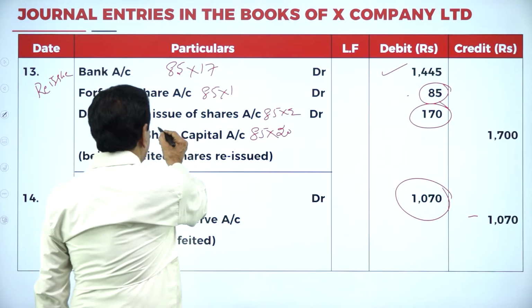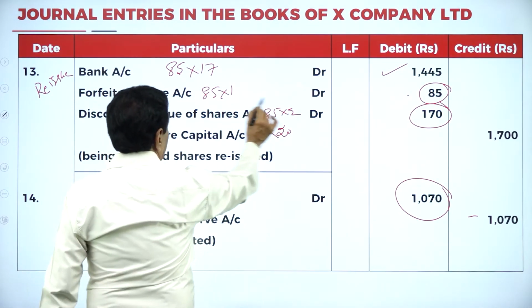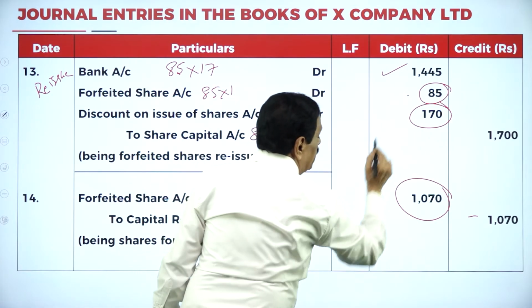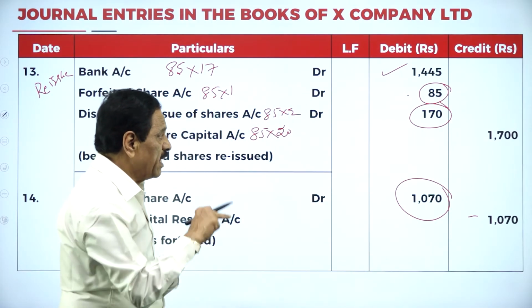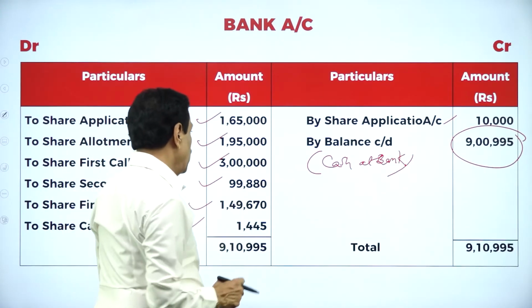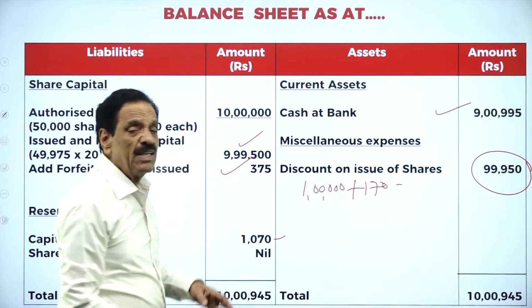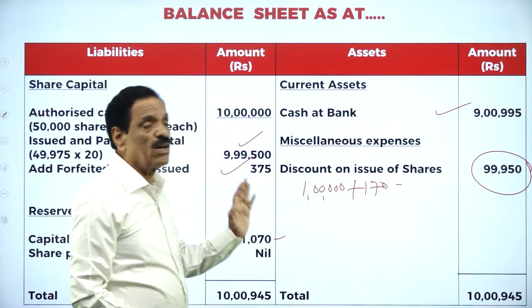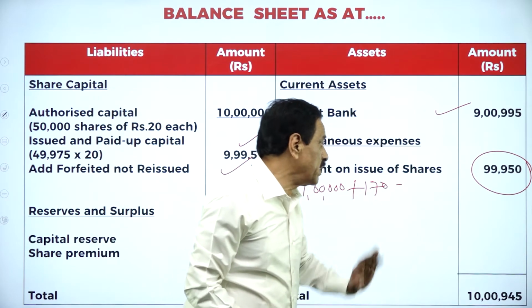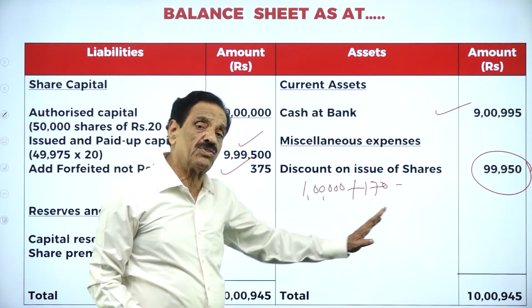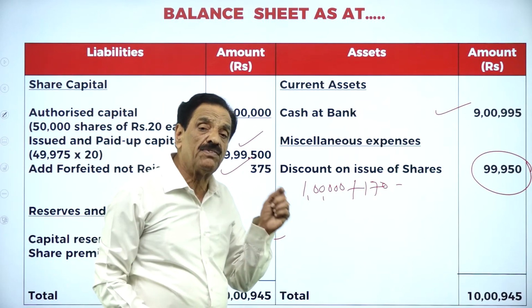Then you got a debit entry here, 85 into 2, that is 170. Then finalize. So here it will come 99,950, discount on issue of share. How much could you not receive? This discount on issue of share, 99,950, will come.